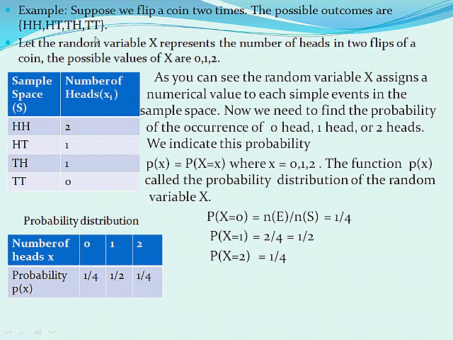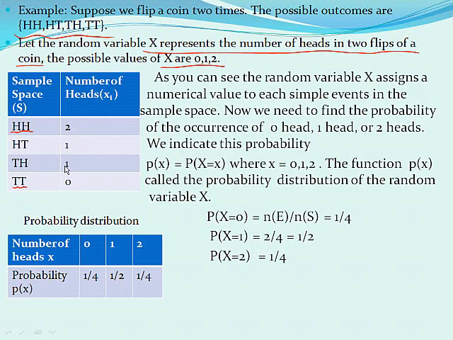We have the 4 possible outcomes here, and we define the random variable x as the number of heads in 2 flips of a coin. The possible values of x are 0, 1 or 2. So when there are 2 heads, the count of heads is 2. When it is tail followed by tail, the number of heads is 0. If it is head followed by tail, the count of heads is 1. Tail followed by head, the count of heads is again 1.